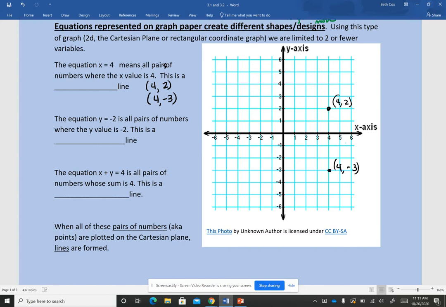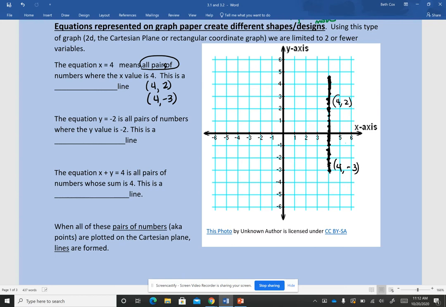But this says all pairs. All pairs. So all pairs of numbers, fractions, or decimals that has an x of 4 are these points here. And if I get really microscopic, and lots of them, then these points start coming together because there are fractional and microscopic points here.